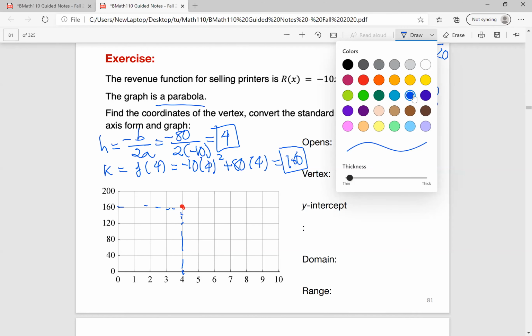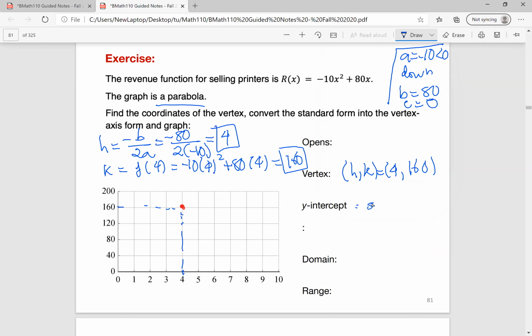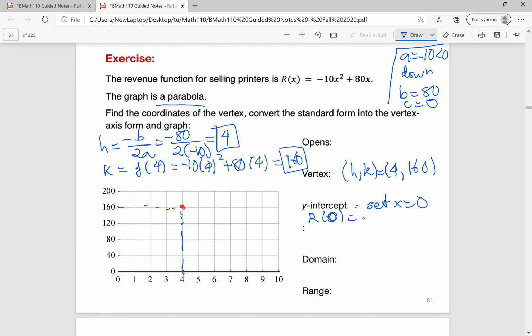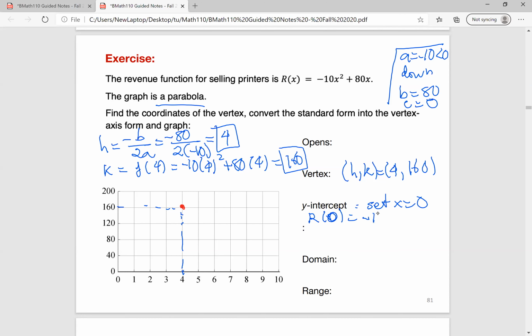So y-intercept, right? In order to find the y-intercept, you need to set x equals 0, right? So we're going to have what? f of 0 will be equal to negative 10 times 0 plus 80 times 0, which equals 0.